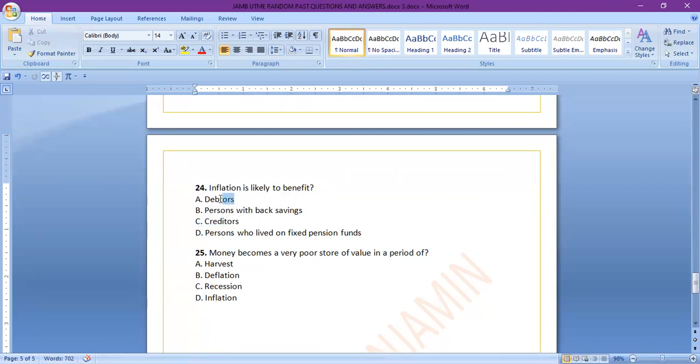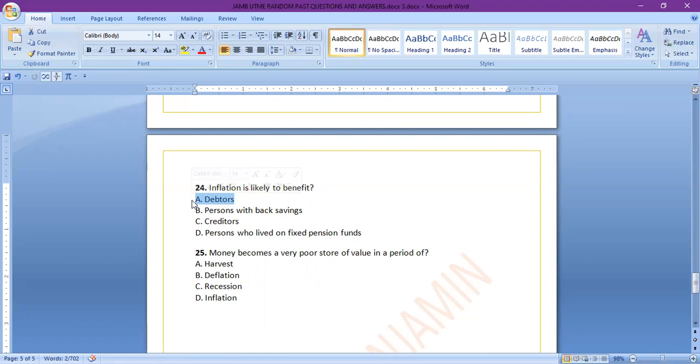The answer is debtors, because as a debtor, when you are indebted and when there is inflation, by the time the debtor is paying, the value of the currency would have depreciated, and then maybe the debtor may find it easier to even pay, but when the debtor pays the money to the creditor, by then the creditor would have lost, because the value of the money by then would have been depleted by inflation.